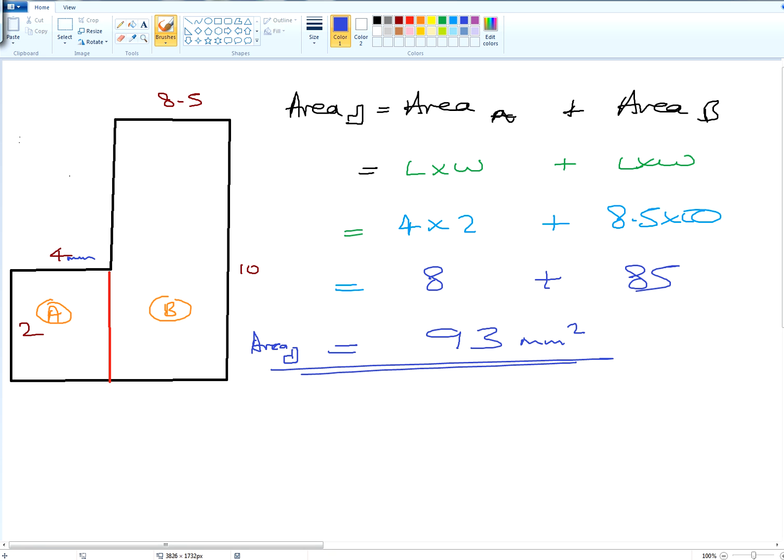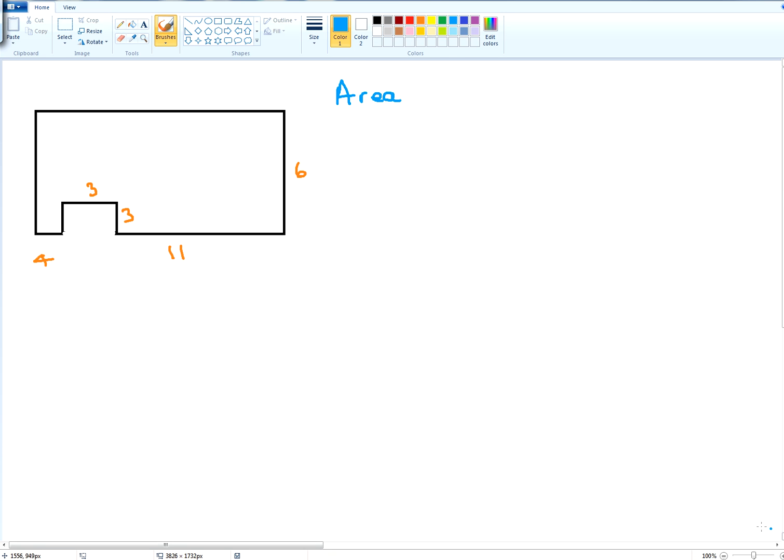Next question. Let's pause the video for a second and draw the next diagram. Okay, in this particular composite shape, rather than us splitting up into 2 or 3 smaller rectangles, it's easy for us to have a different idea to this question. So we're going to say the area of the composite shape is equal to the area of the whole shape, as though it's one big rectangular card, minus the area of the little bit that we've cut out from over here.